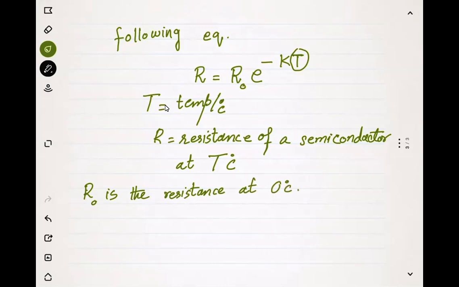R naught is the resistance at 0 degrees Celsius. K is a constant.